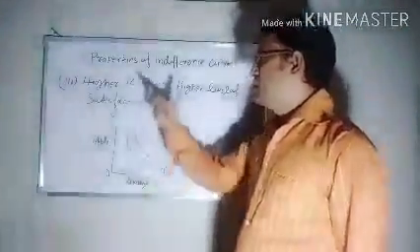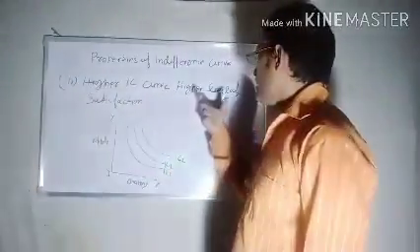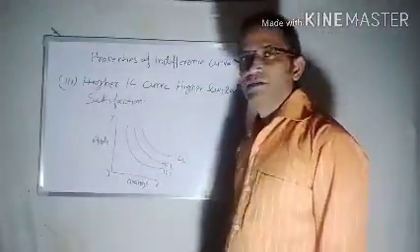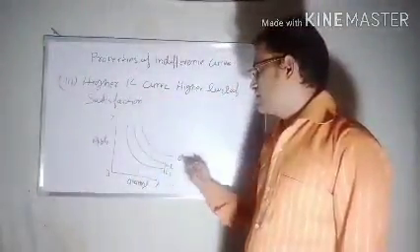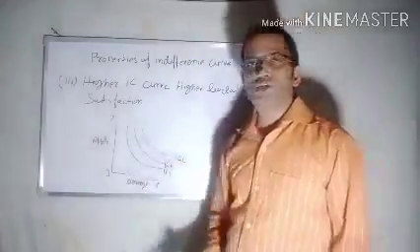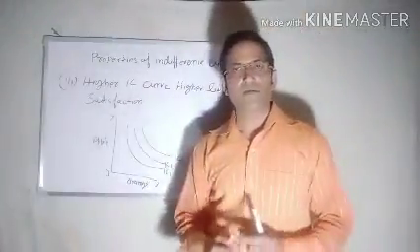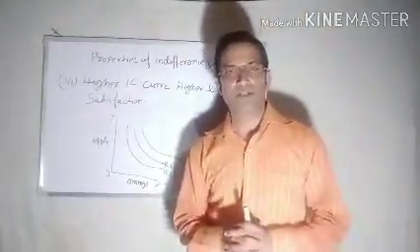Now the next property is: higher IC curve, higher level of satisfaction. It means that, as we have already discussed, on one IC curve the different combinations of the two products give the same level of satisfaction.